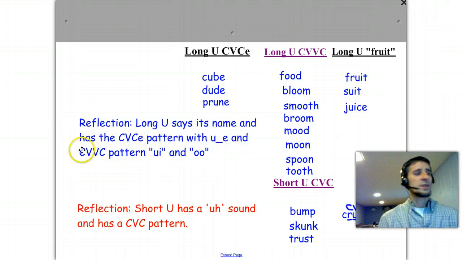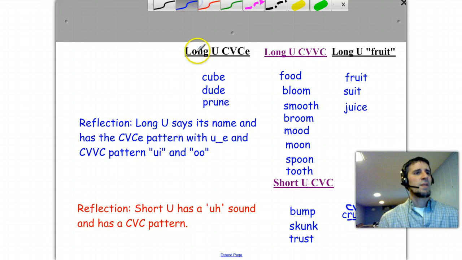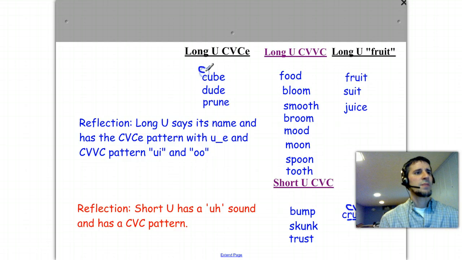And you'll also see a CVVC, meaning there's two vowels in the middle of two consonants, pattern with seeing the pattern of UI and double O. So let's first start with the U with the E at the end. The pattern that we're looking at here has the consonant here. We've got the vowel here. Got another consonant here.